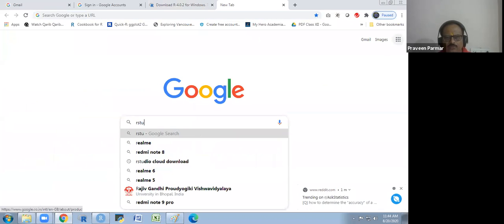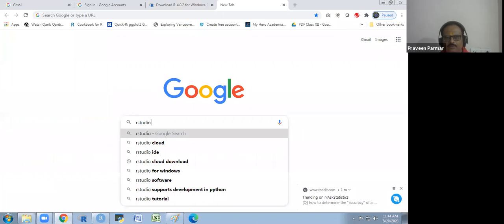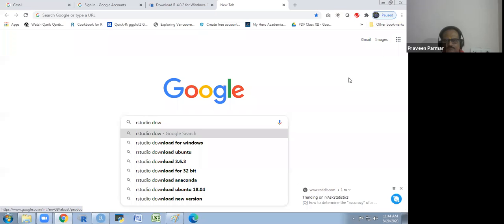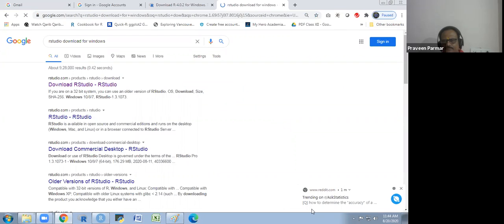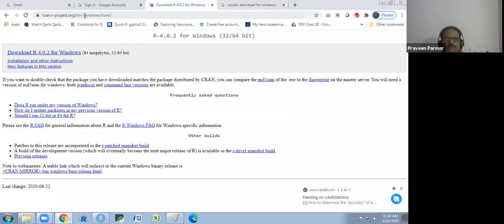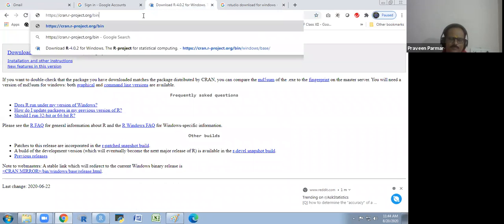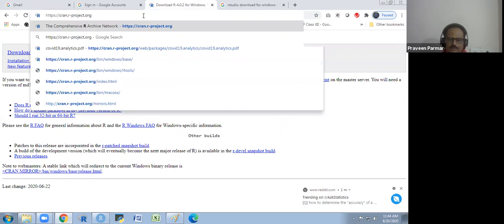So RStudio download for Windows. It is there for Mac also. You could write here, go to here. Are you getting this screen?